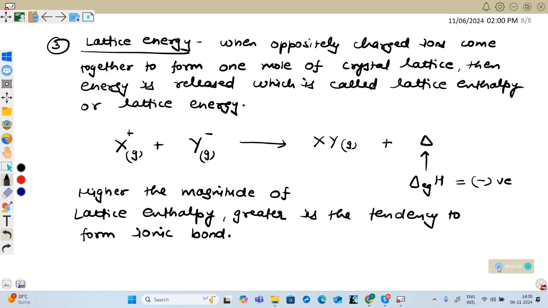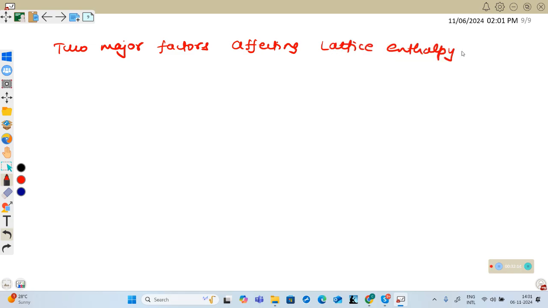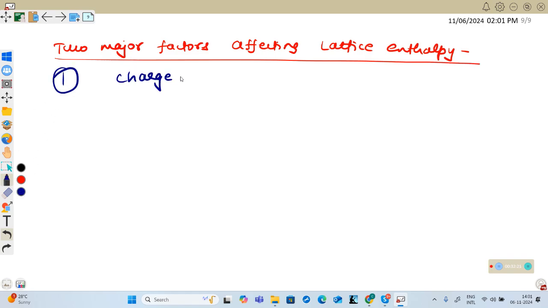Now there are two factors given in your book which affect the lattice enthalpy. Two major factors affecting lattice enthalpy. The first is the charge on ions.